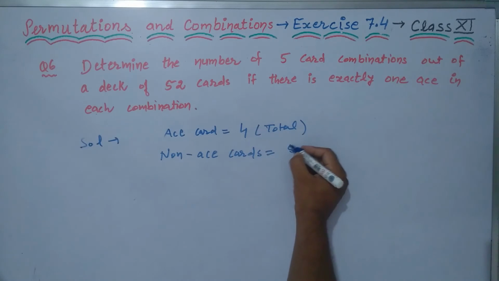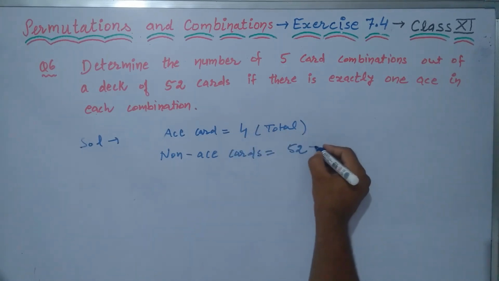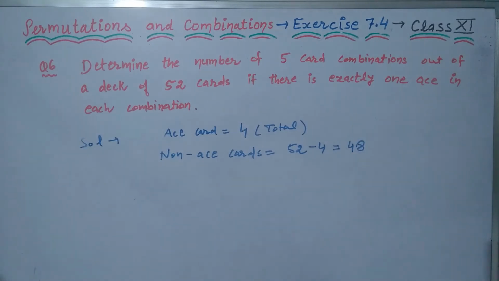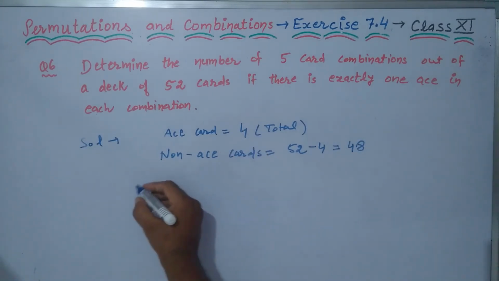Out of 52, 4 ace cards are subtracted, so we are left with 48. So now what is the thing?